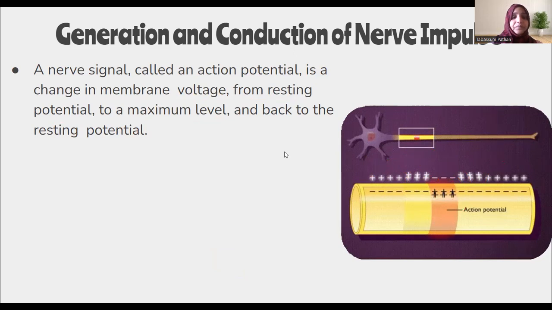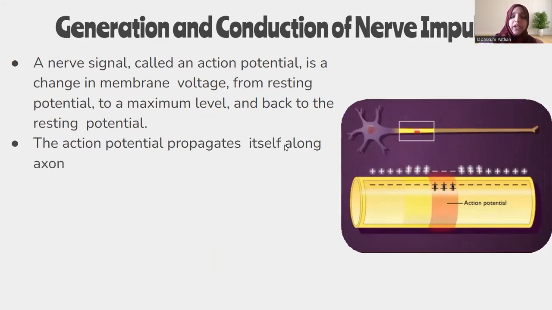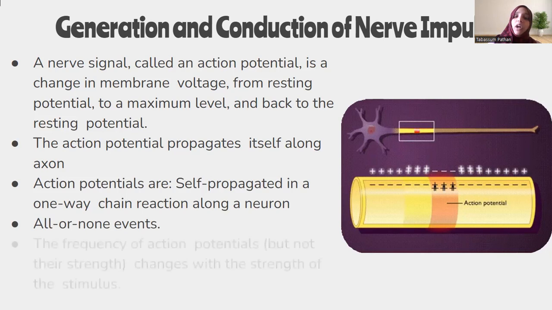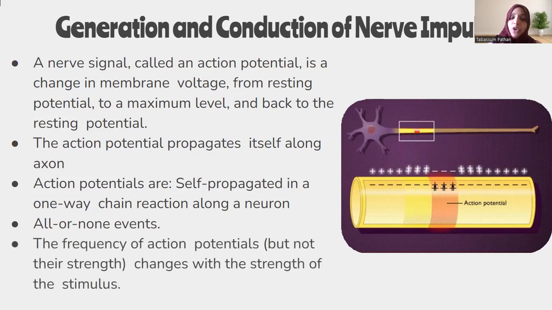So the action potential propagates itself along the axon in one direction. It will always be in one chain, not bidirectional. It is self-propagated, a one-way chain reaction along a neuron. As we discussed in the properties in the previous video, either the conduction will be across the neuron or there will be no conduction of the electrical impulse. The action potential frequency will depend upon the strength.